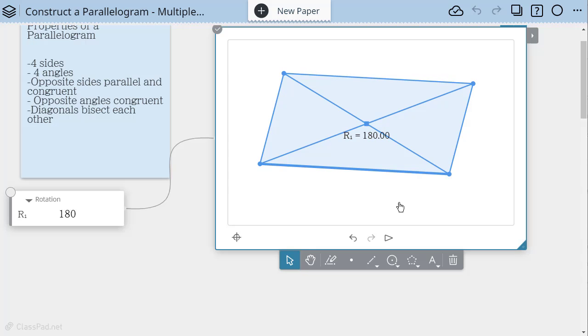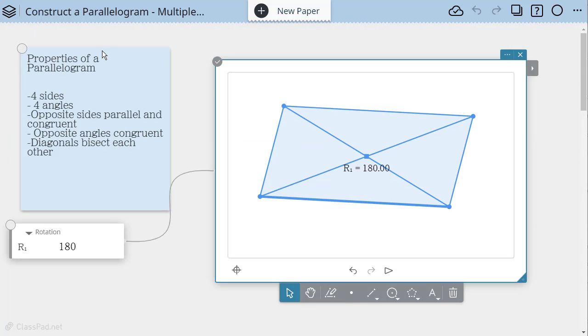Well, I could measure their slope and I'd find out that it's the same. I could measure these angles and see if the opposite angles are congruent. And all of this would be true because I constructed using a property that has to be true for all parallelograms. So if this property, diagonals bisect each other, is true, then the shape formed from that must be a parallelogram. So that's one way you could construct it.